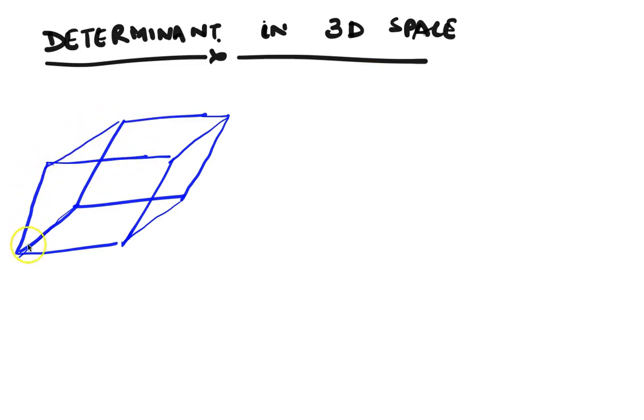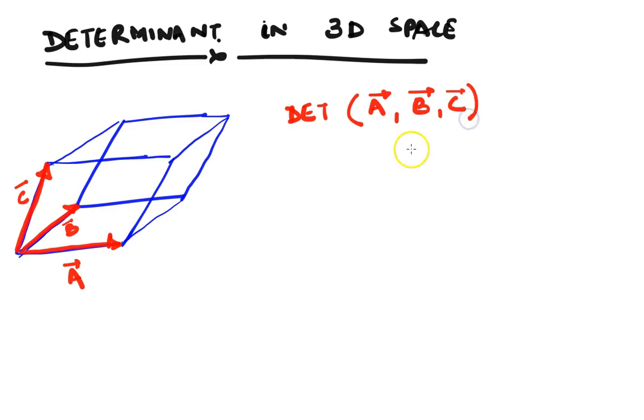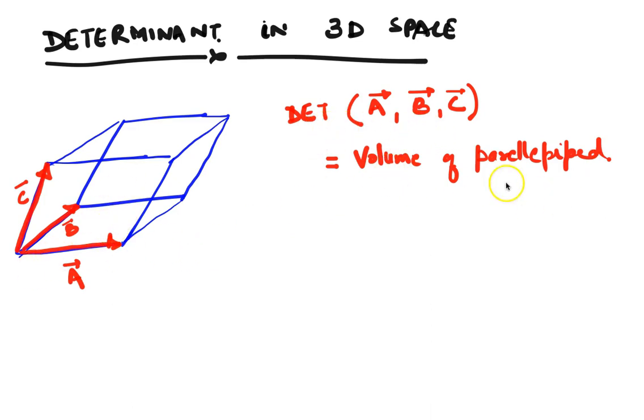If you have a parallelepiped with sides as vector A, vector B and vector C, then the determinant of A, B and C is nothing but the volume of the parallelepiped, right? So the determinant is the volume of the parallelepiped.